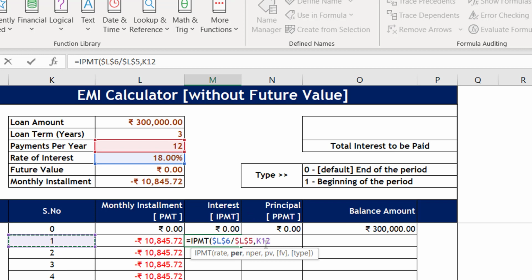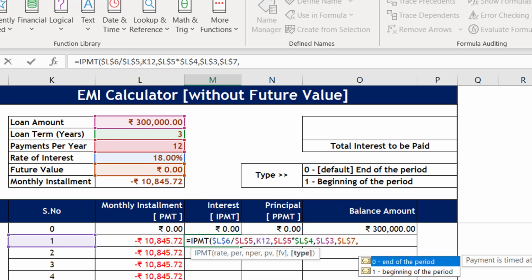So I'm not going to fix this, comma, number of payments is going to be payments in a particular year, fix that cell, multiply by total number of years, again fix this cell, comma, present value is going to be what I'm going to borrow, which is 3 lakh in this case, comma, future value is going to be 0, fix this, comma, and type is going to be 0.